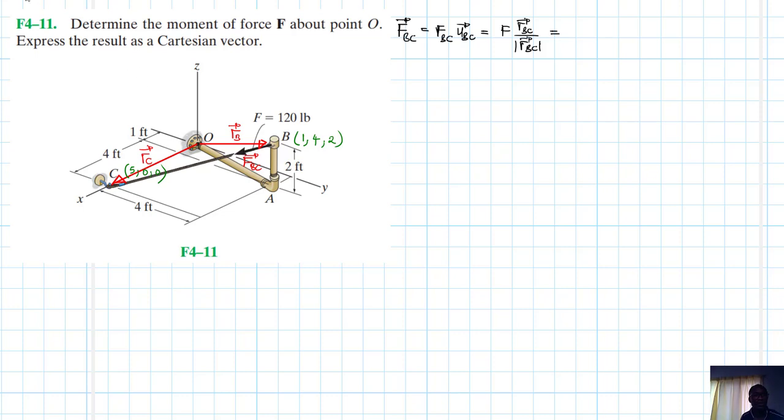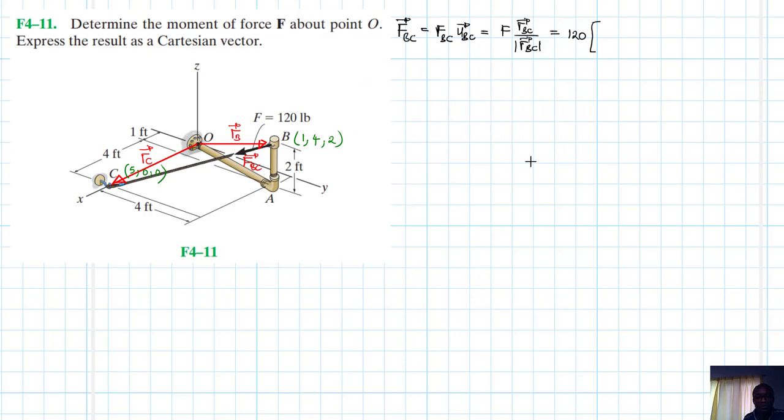So this just becomes equal to 120, and then FBC is in brackets. We are just subtracting RC minus RB. RBC is just RC minus RB. This is what we're doing basically.